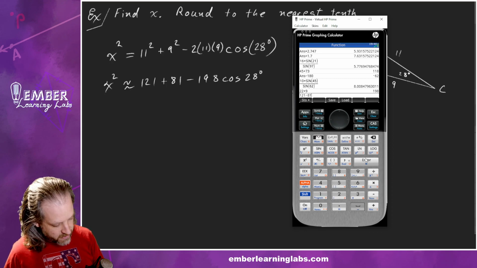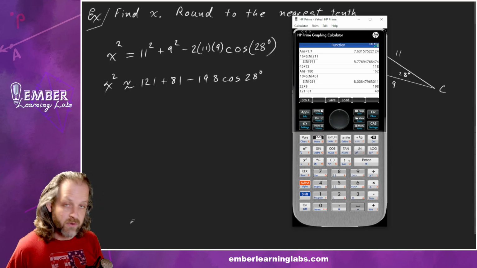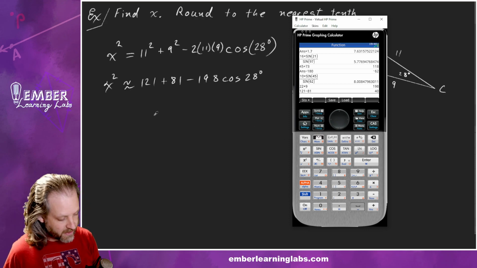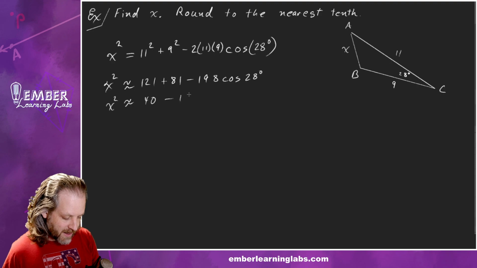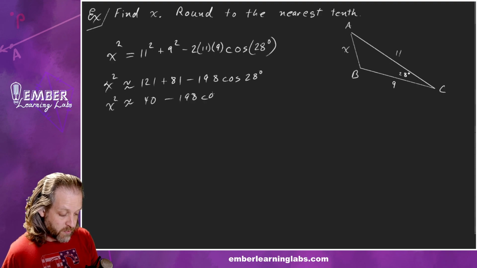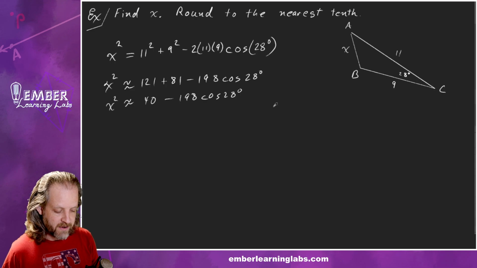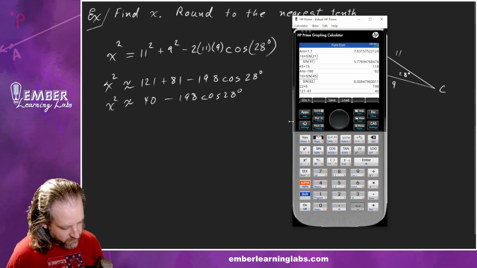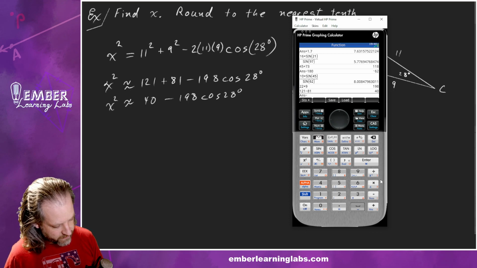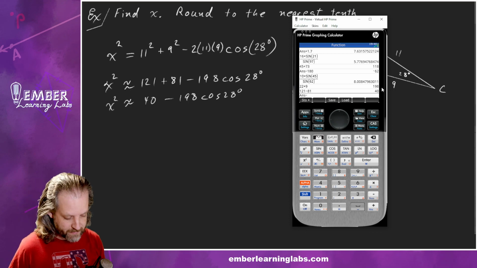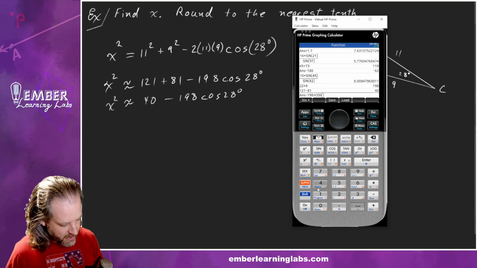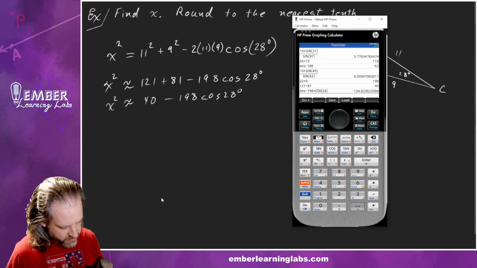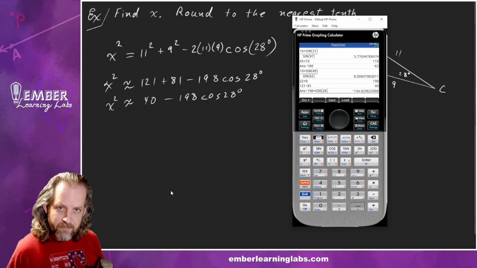I've made several videos in a row, so that's why I'm punching some of these things in the calculator to cut down on mistakes. So x squared is approximately equal to 40 minus 198 times the cosine of 28. At this point, we can probably just shove all the rest of that in our calculator. That's going to be easy peasy. All right, so 40 minus, so I just hit minus because that 40 was my most recent answer, right? Minus 198 times the cosine of 28 equals something that shows me that I made a mistake.